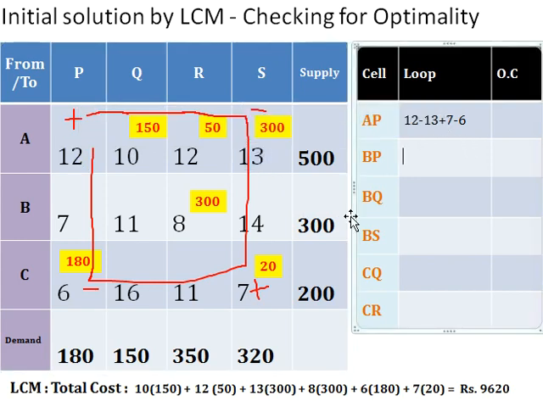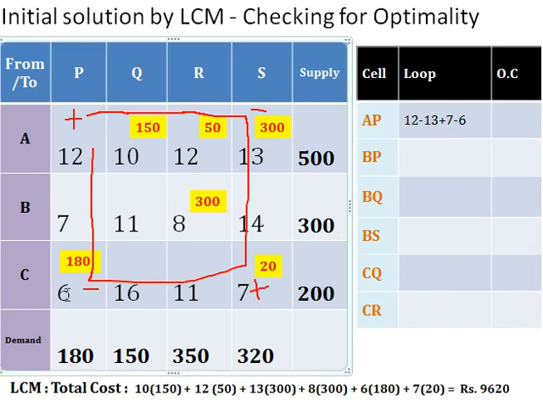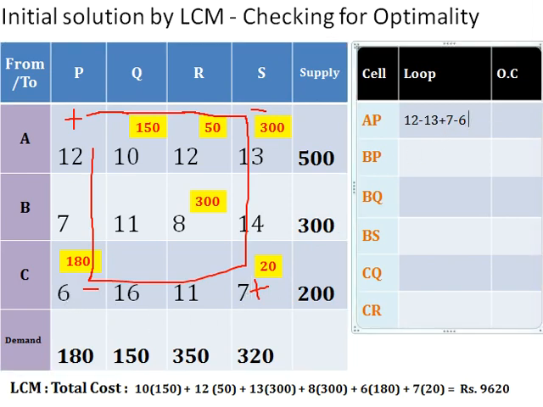Okay, then next one is plus 7 and then minus 6. So this is our loop, and we end up with all this summation, and you can calculate. The answer is 12 minus 13, that will be minus 1, plus 7 equal to plus 6, minus 6, that will be equal to 0.